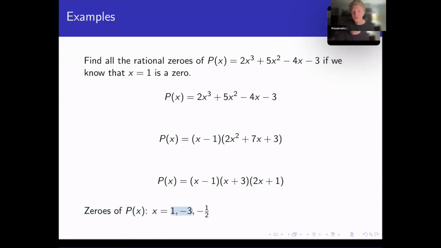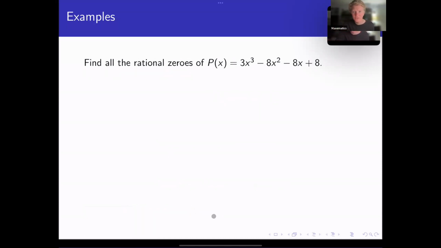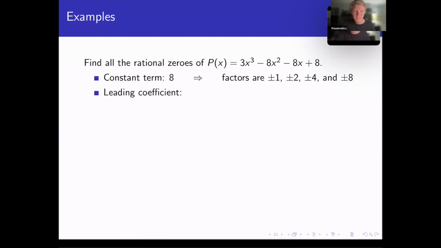So the rational zeros theorem says we have a way of getting all the possible rational zeros. Well, you might find this is a little inefficient for an example like this one. Your constant term is 8. So the factors of 8 are 1, 2, 4, and 8. And then your leading coefficient is 3, whose factors are 1 and 3.